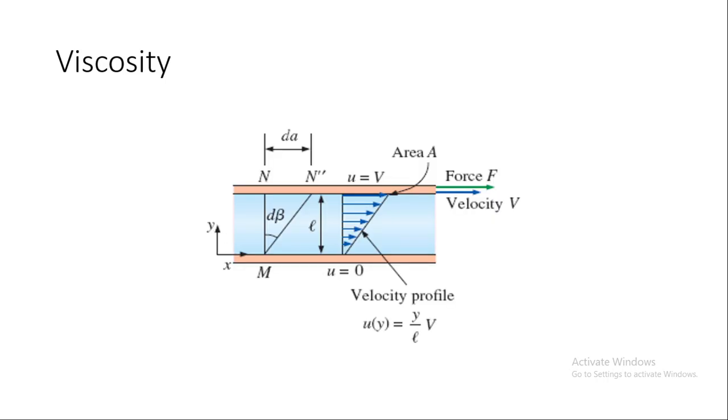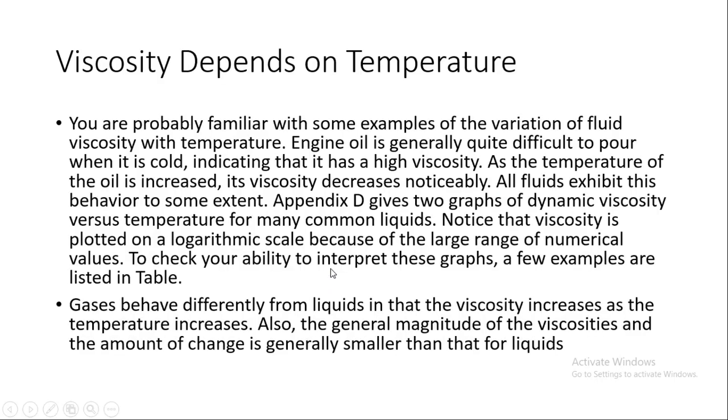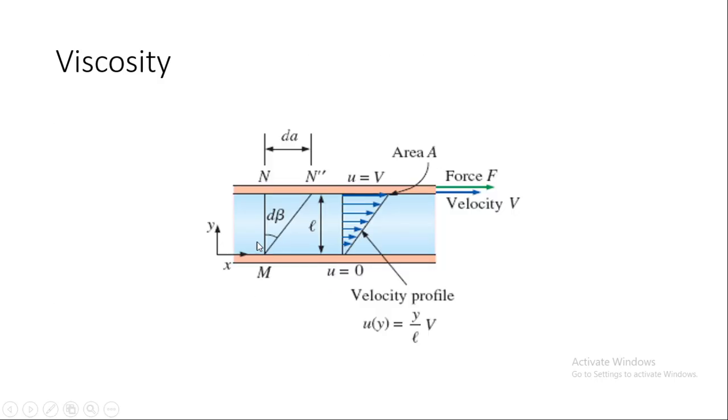Now this is a simple diagram which you need to understand, because we are going to do some derivation work as well. This is a diagram which we have discussed previously: this is the bottom solid boundary, the bottom solid surface, and there is an upper solid surface, and the liquid is confined by both these solid boundaries.